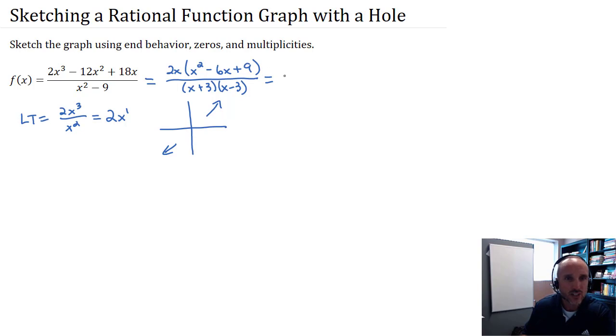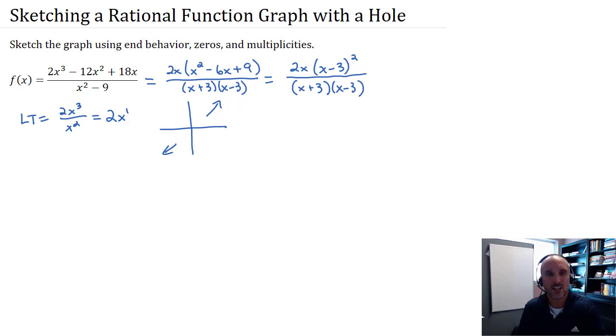Factoring further on the top, I'll keep my 2x here. X squared minus 6x plus 9 is the same thing as x minus 3 times x minus 3, so I'll call that x minus 3 squared. And on the bottom, we have x plus 3 times x minus 3. Now it's completely factored.